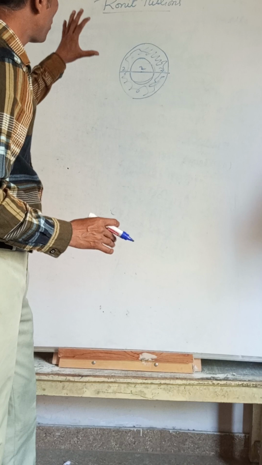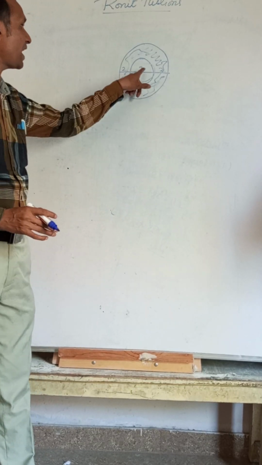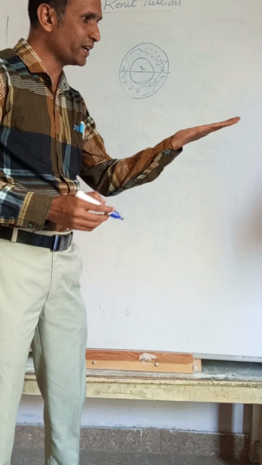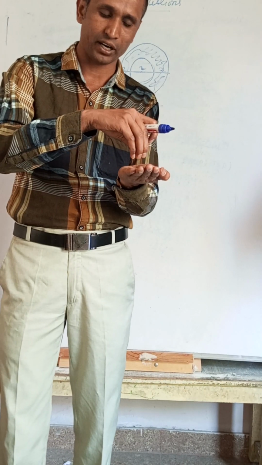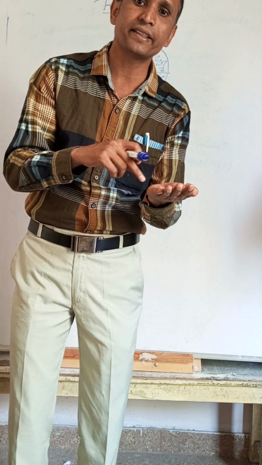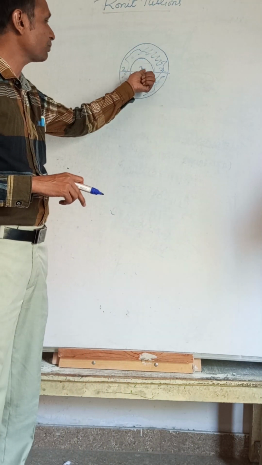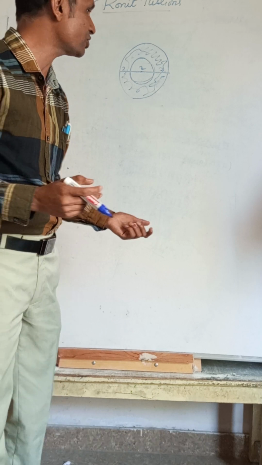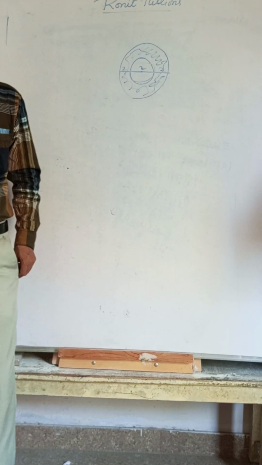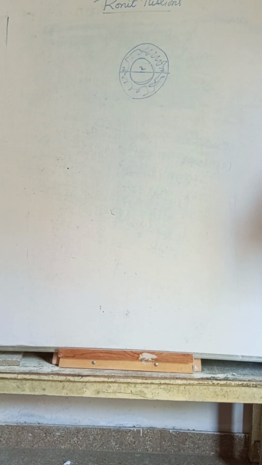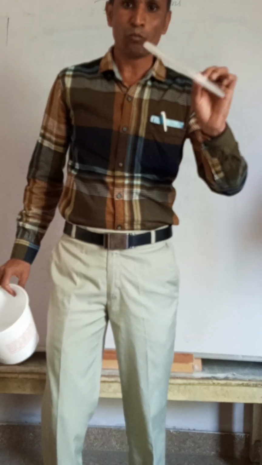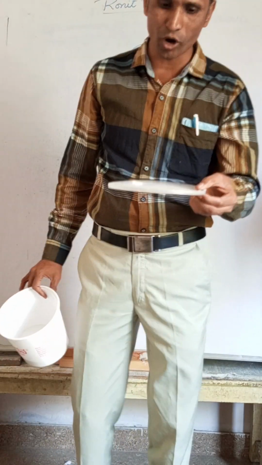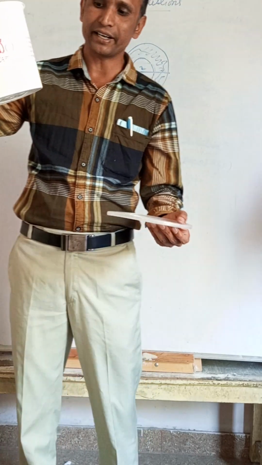Shared region means how much region they share in both. Suppose I have this one as the 4 cm diameter coin, and I have another one that is 2 cm.